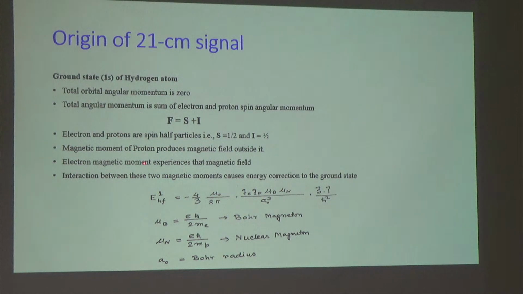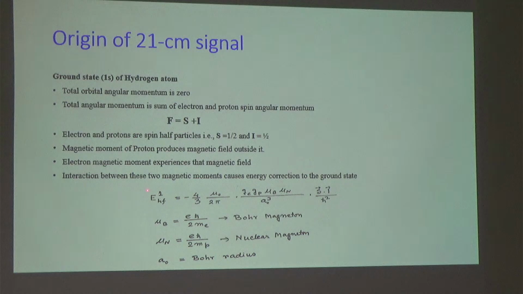So there will be an interaction between the proton magnetic moment and the electron magnetic moment, and that will cause an energy correction to the hydrogen ground state energy level of the hydrogen atom. This interaction between the proton magnetic moment and the electron magnetic moment, and the energy correction, can be written in this form. There are some steps before we can actually write that.